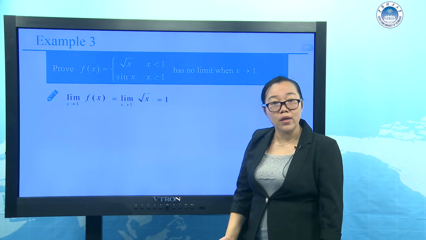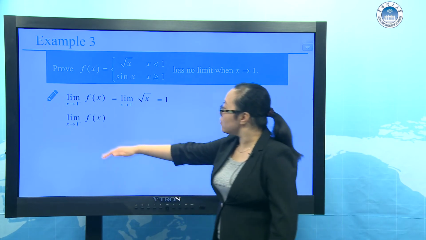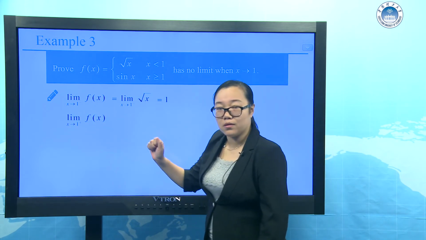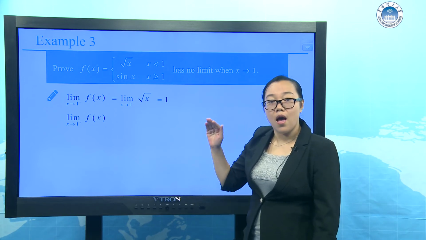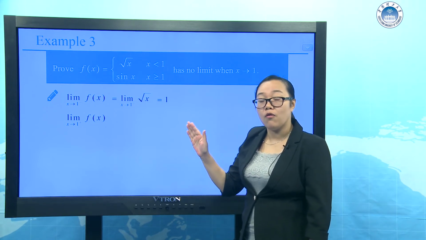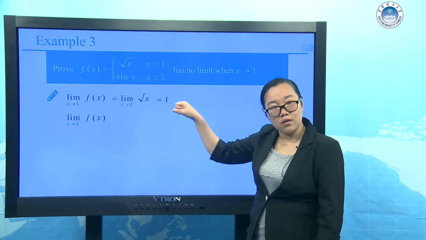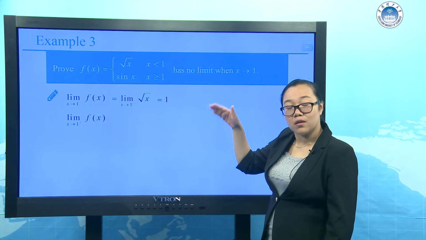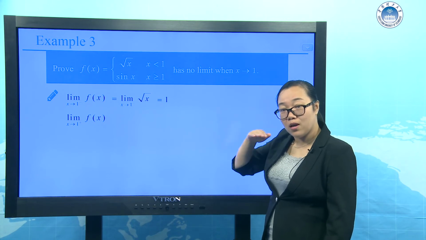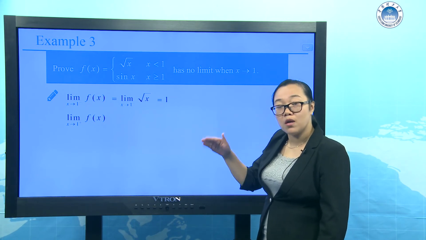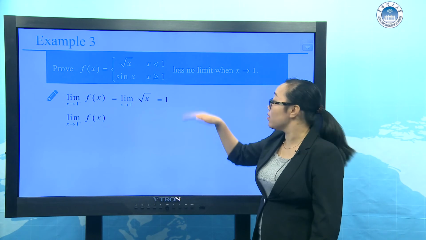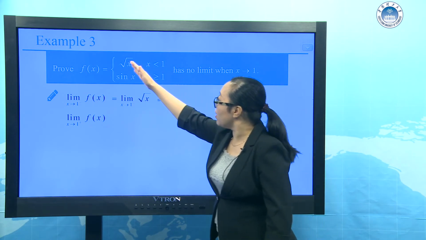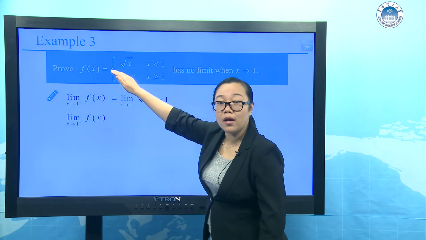How about the right-hand limit? x tends to 1 plus. 1 plus means x tends to 1 from the right side. At this time, x is larger than 1 but doesn't equal 1. The corresponding expression is sin x.